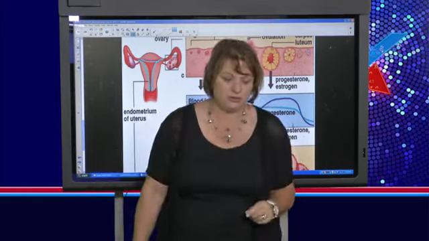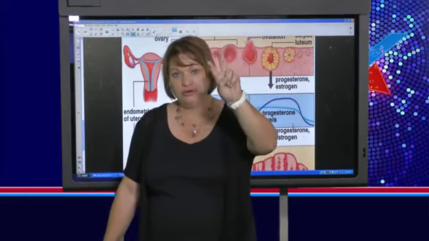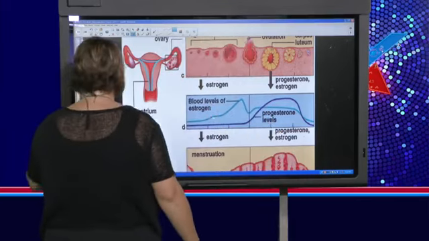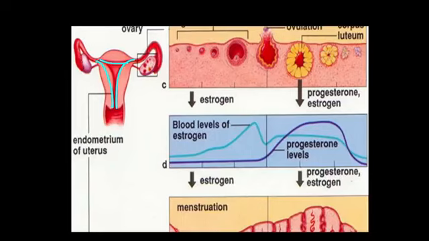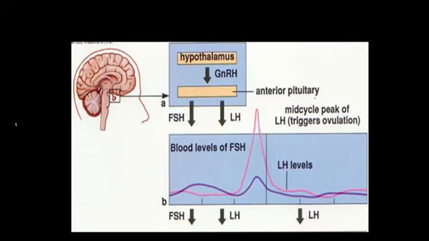Okay, so let's start from the top. The female has two roles when it comes to the menstrual cycle. Number one, she has to produce an egg cell.